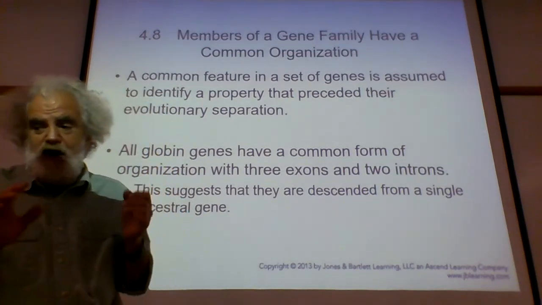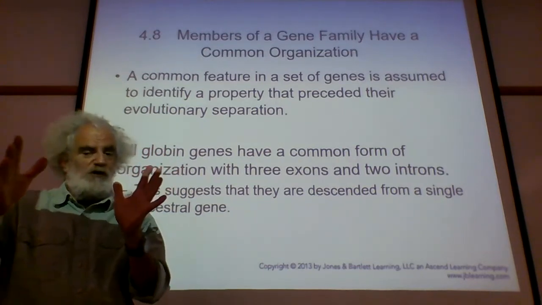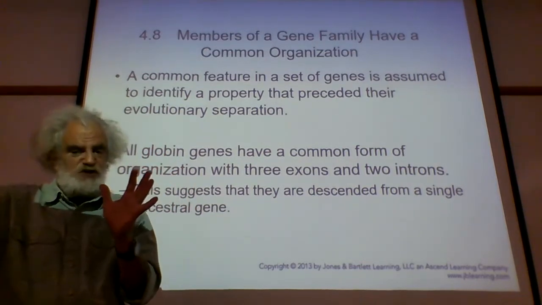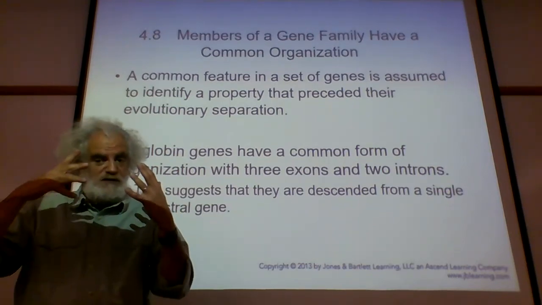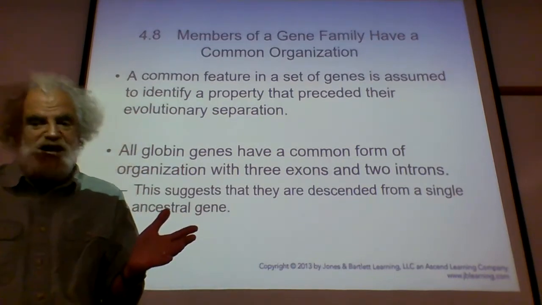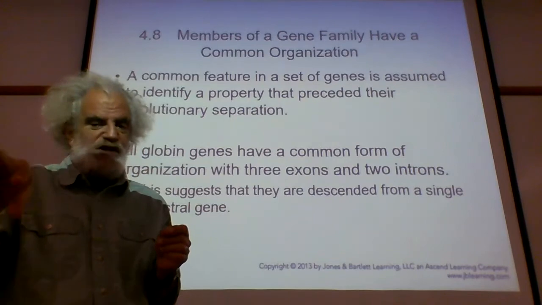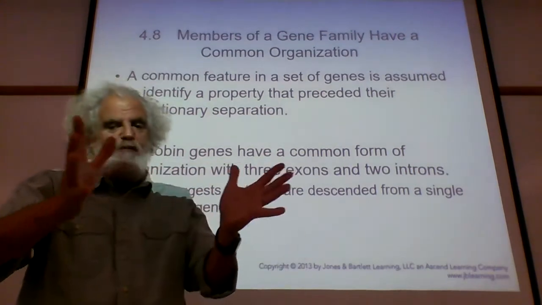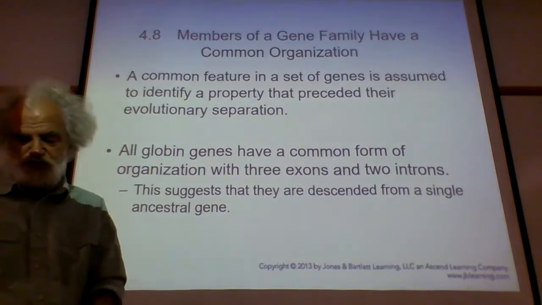And they're going to often have real similar sequence structures, and they even have exon-intron splicing structures that are in common. And it suggests that these different individual genes, they're members of a gene family, arise from a duplication event, which is actually probably the way these things actually do arise.